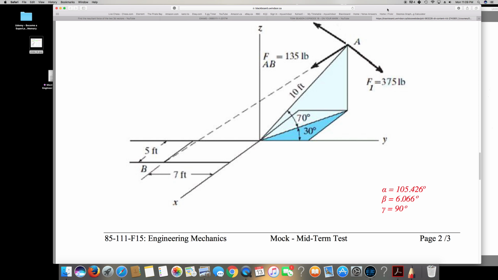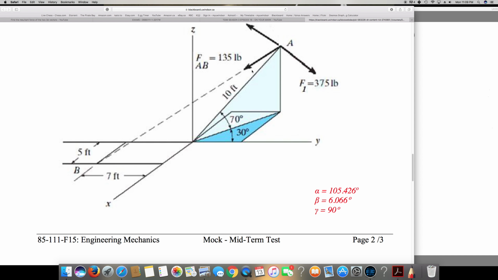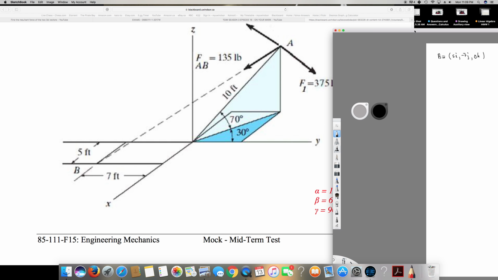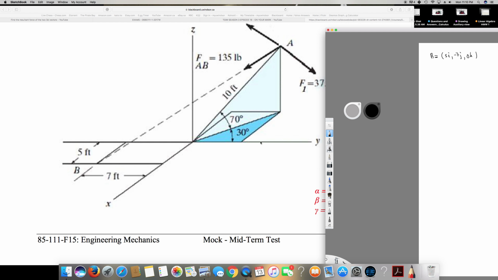In order to calculate this force, I have to know this A. This is given in angles, so I have to find all the projections. First, I am taking the XY projection. In the XY plane, the projection is at 70 degrees. If you shrink from the x-axis, it's going to be cos 70.